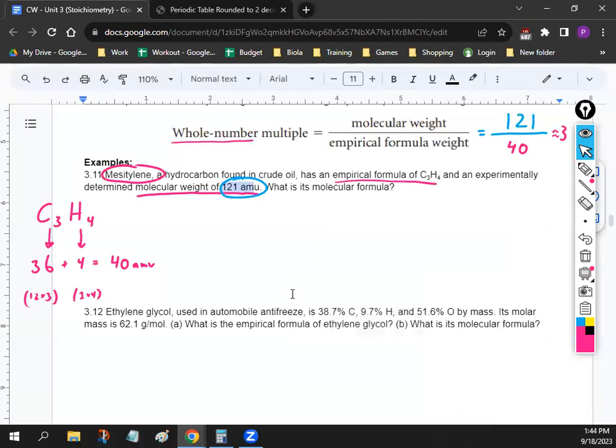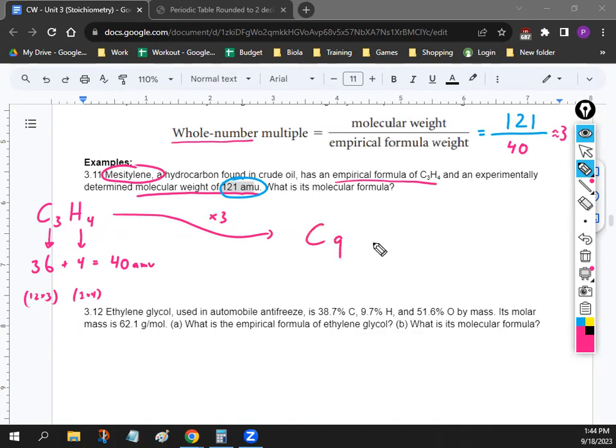So to find the molecular formula, the real formula, all we have to do is take this formula right here and multiply it by 3. If we multiply the carbons by 3, how many carbons are there? 9. How many hydrogens? 12. That's the molecular formula.